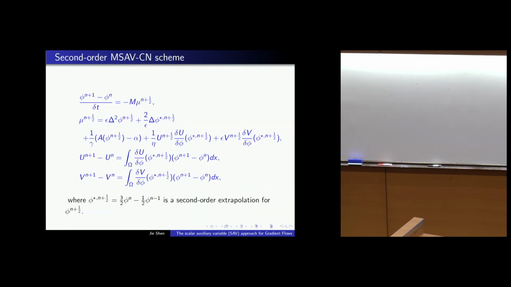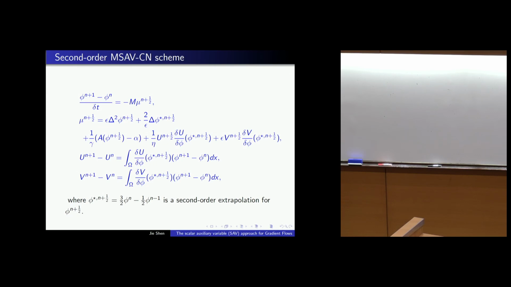So here's a second order scheme based on Crank-Nicolson. And mu n plus half is just half of mu n plus 1 plus mu n, right? The Crank-Nicolson approximation. And the key is the star n plus half is the extrapolation.